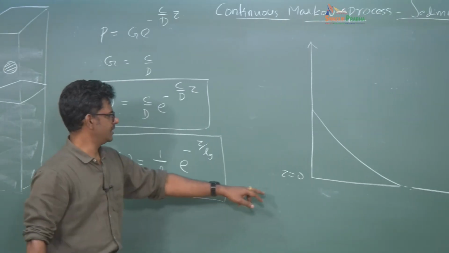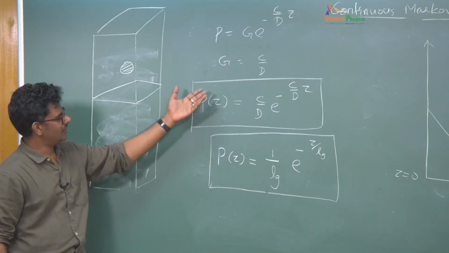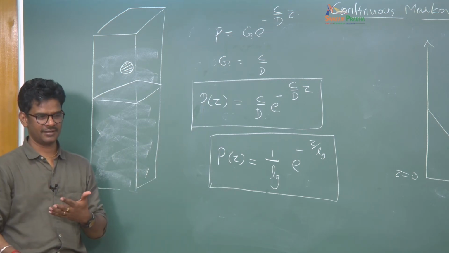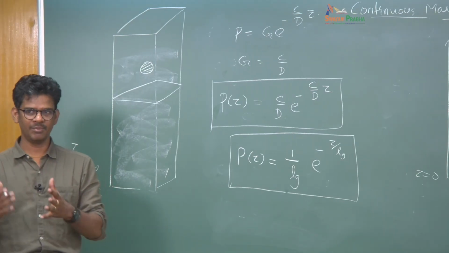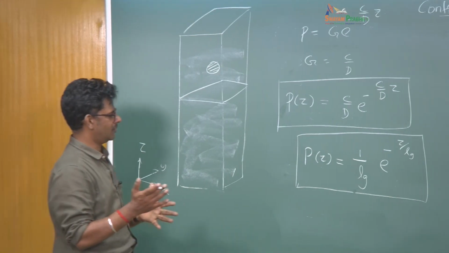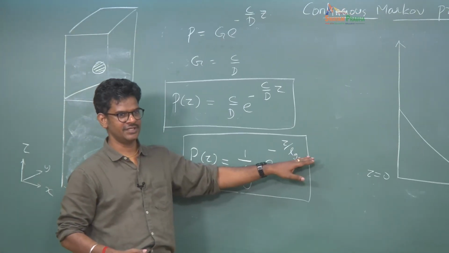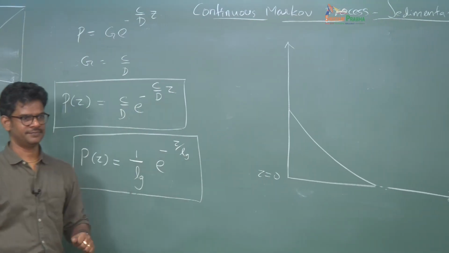And the rate of this decay is going to depend on this Lg, and this Lg depends on all these parameters: what is the mass of the particle, what's the density difference, what's the drag coefficient for the system, and so on. So all the material properties of the system go into defining Lg. Depending upon the value of Lg, you will have this kind of decaying function.